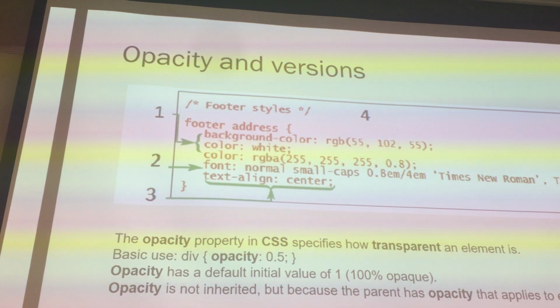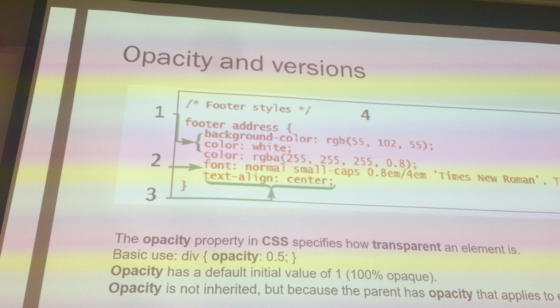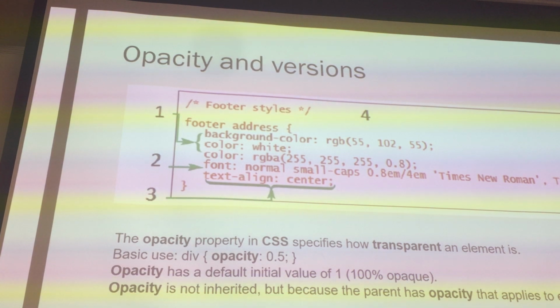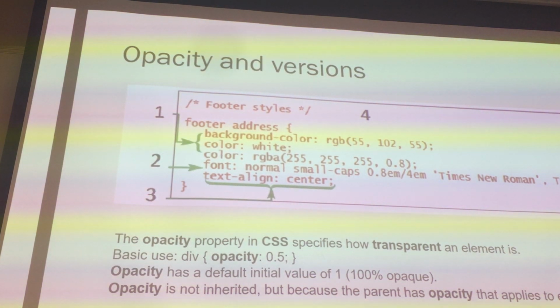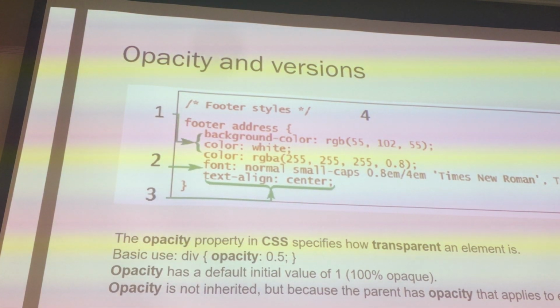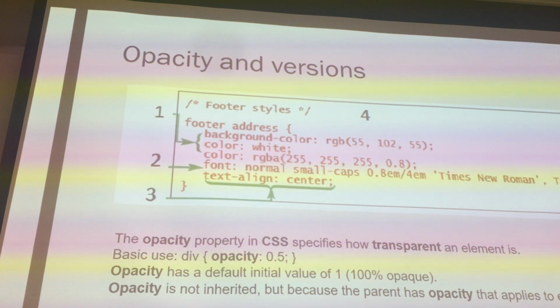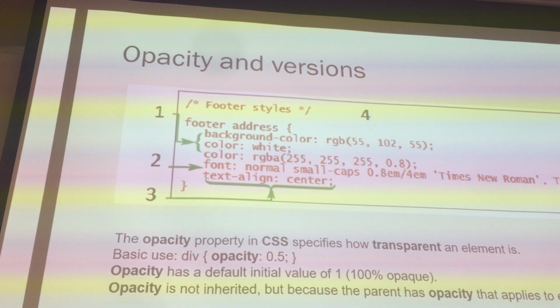For the newer version, it will look at RGBA. RGBA will not be supported by the previous versions. So if your page is seen in previous browsers, it will take the color white. If it is seen in newer versions, RGBA will be used. And with RGBA, you can have 0.8 here, and 0.8 is the opacity.